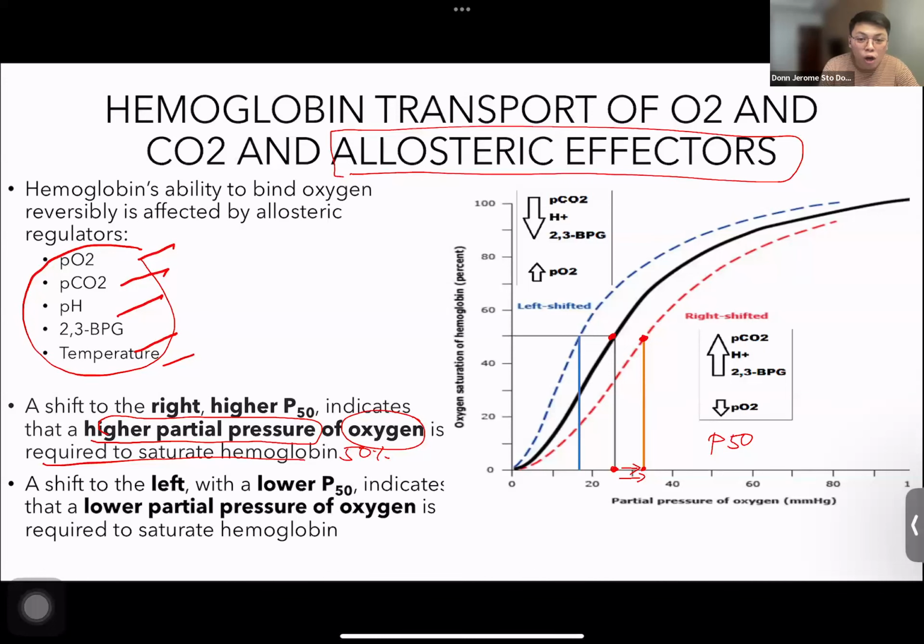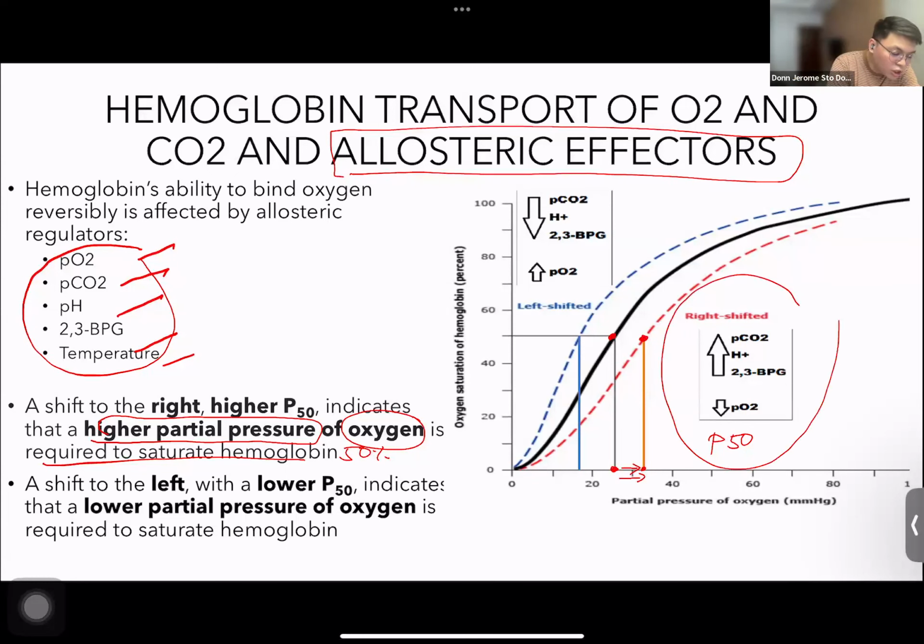Ano nga uli yung form ng hemoglobin that is the low oxygen affinity? T or R? T-form. T-form, the tense form. Naalala n'yo kanina, siya yung mas rigid. Siya yung babae na naka-close yung hand sa arms. So ano ang tendency ng T-form, to accept or to release oxygen? Release. To release oxygen.